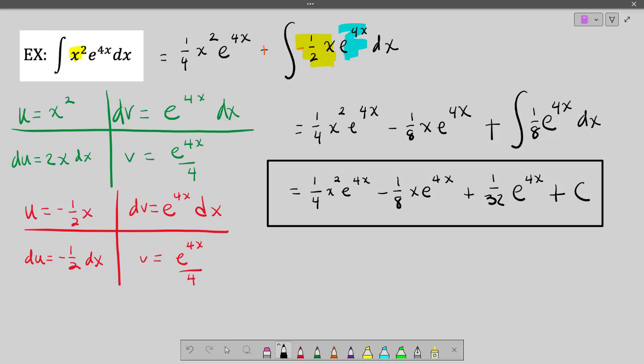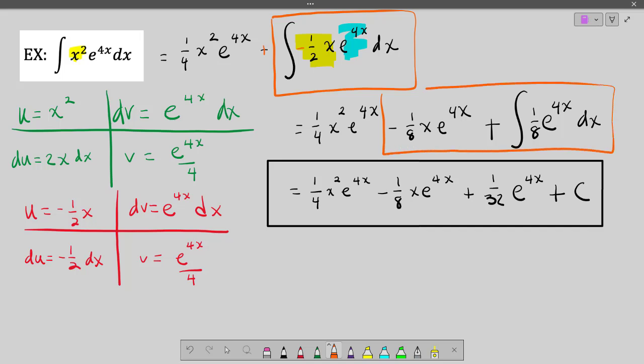Okay, so with our second integration by parts, this part's already here. Let's see if I can outline. So this box right there is going to become all of this, correct? Yeah. So that piece right there is this u times v right here.